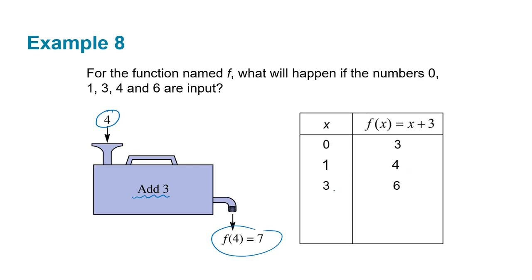We add a 3 to a 3, we get 6. And if the input was 4, we add 3 to it, we get a 7. If the input was a 6, we add 3 to it, we get a 9. So our x values are the input, and x plus 3 is our output.